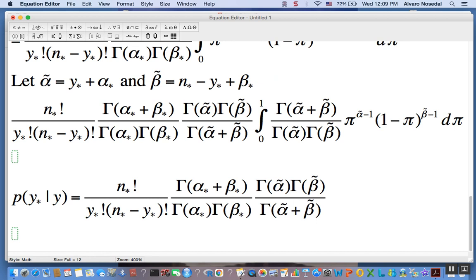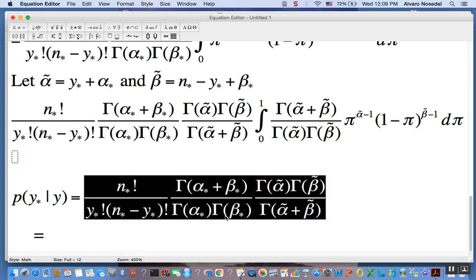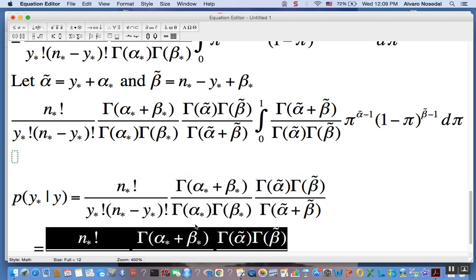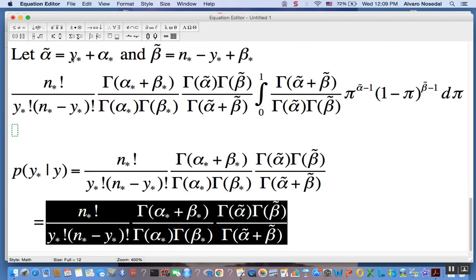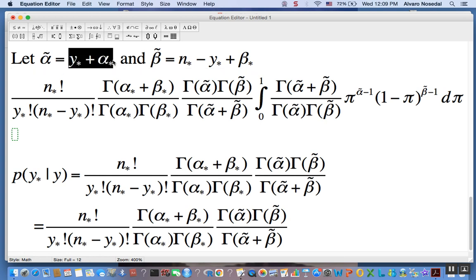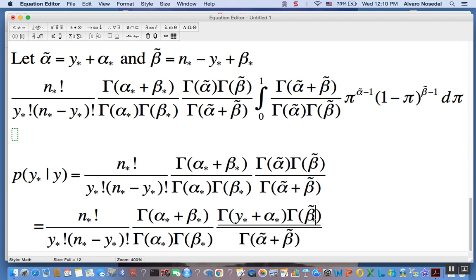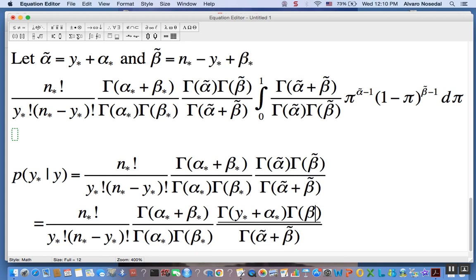Finally, just for completeness, let's plug in the values of alpha tilde and beta tilde, okay? So alpha tilde is this guy, right? Beta, there we are.